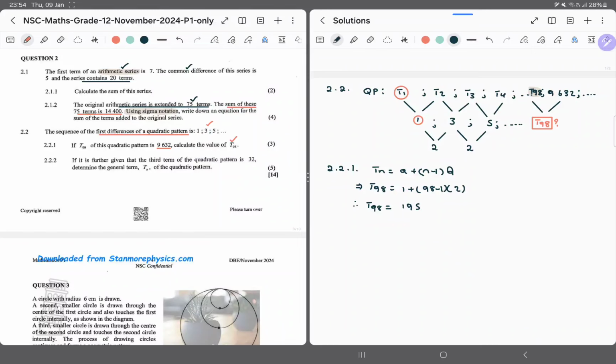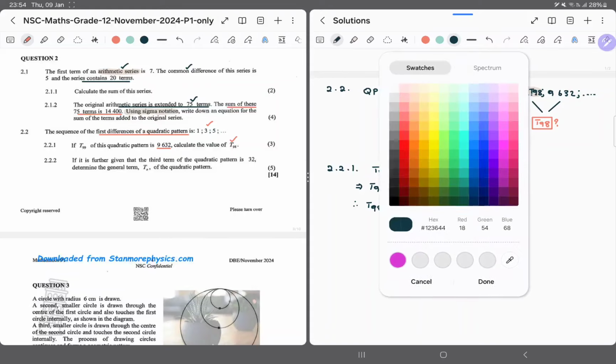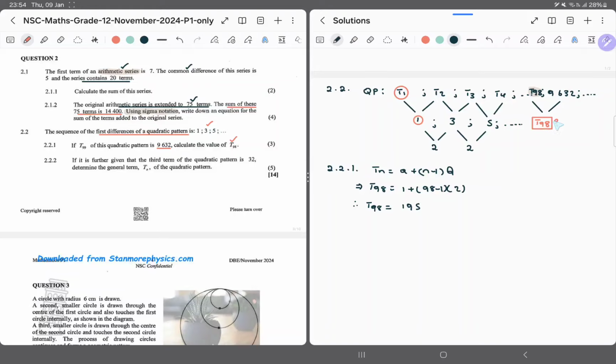Now we've got 195 there. This is the value right here, so this is equal to 195. Now we can say, therefore, T98 of the quadratic pattern is going to be equal to 9,632 minus 195, which is going to give us what we want.